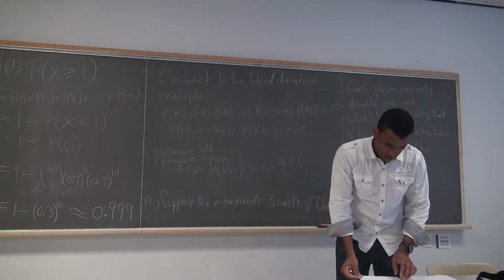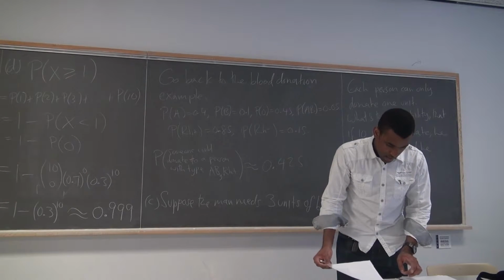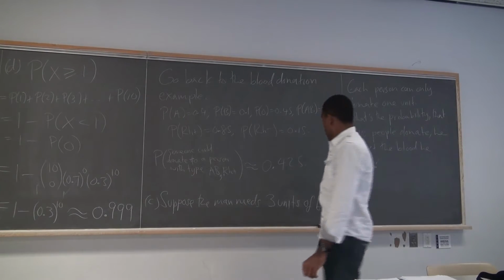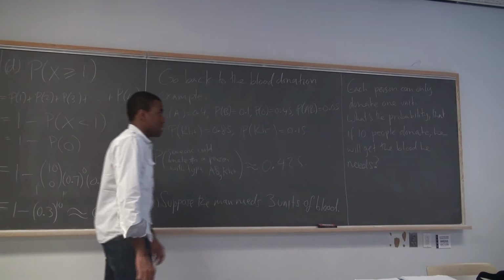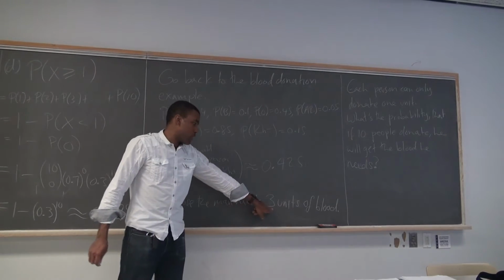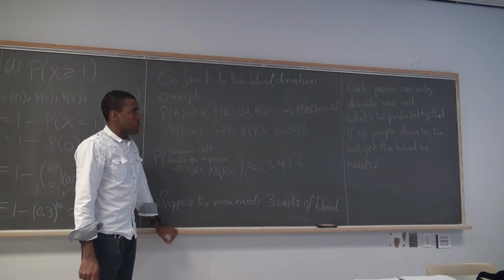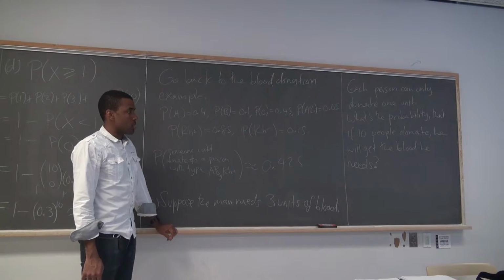I'll tell you about that later. So the guy now needs 3 units of blood, not just 1. What's the probability that if 10 people randomly donate, he will get the blood he needs?